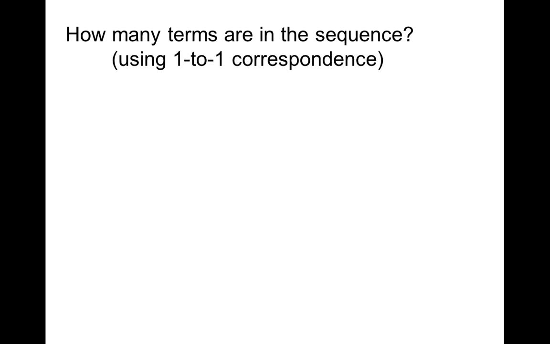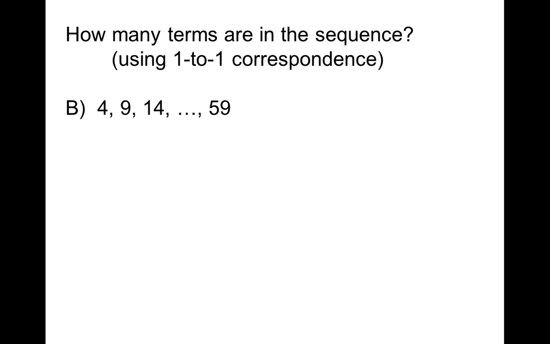Now remember, we can use these nth term formulas. We can also use a one-to-one correspondence if we see one that's fairly easy to use. So let's take a look at that same sequence, 4, 9, 14, up through 59. It's a little bit trickier to get a one-to-one correspondence going with this particular sequence, but we know that the common difference is 5.